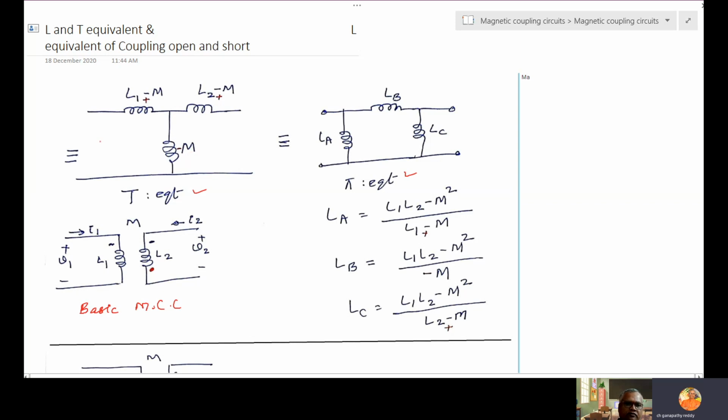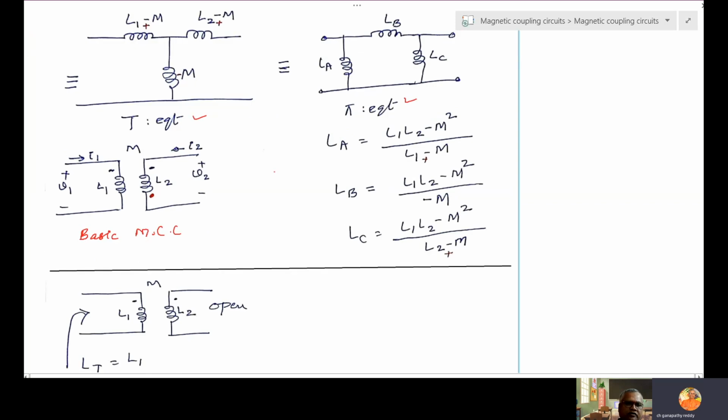Or how do you cross verify? You write the mesh equation here. Assume current I1, here I2, then I1 plus I2. The equation here is V1 equals L1 di1 by dt plus M di2 by dt.